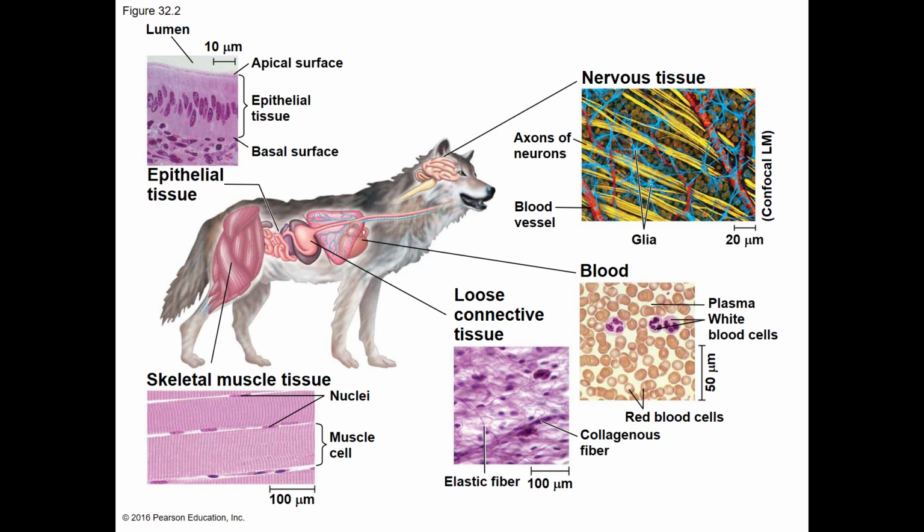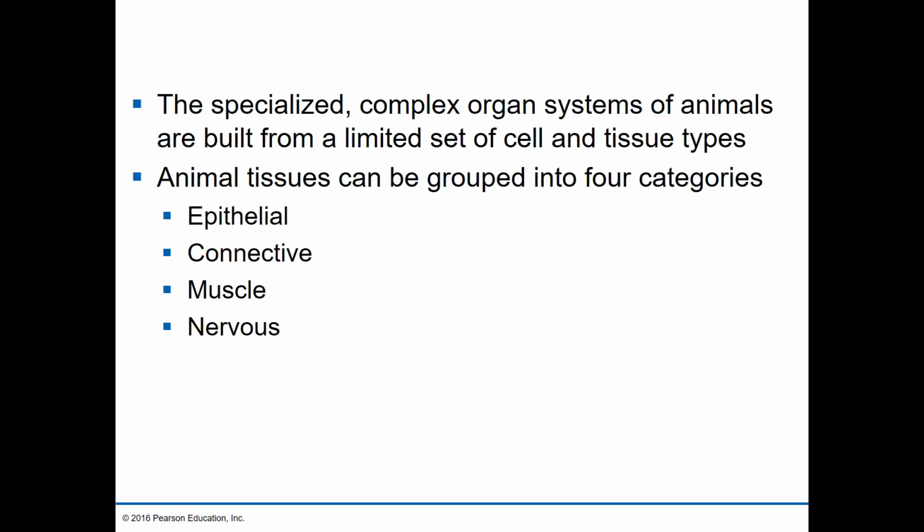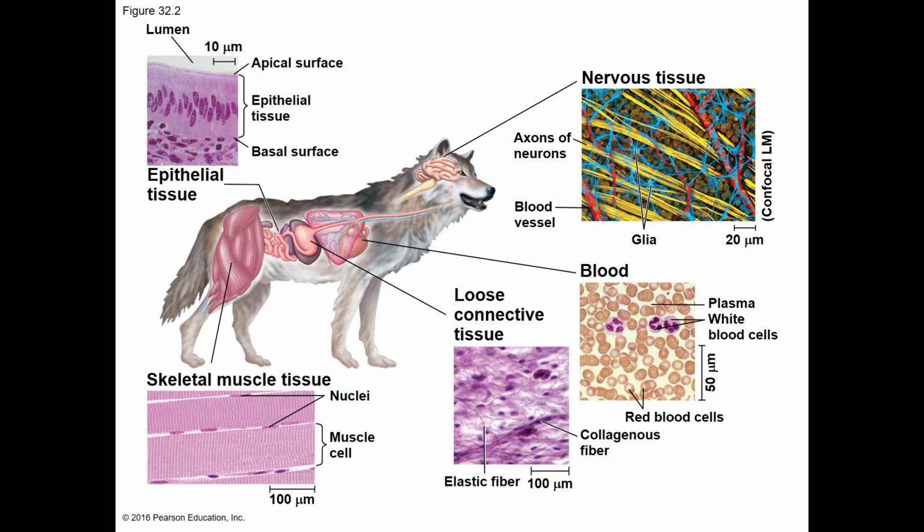part of the digestive system, but it's also going to be the skin, right? And other things. Muscle tissue is a lot easier to understand; in this case, skeletal muscle tissue is the example, and it's showing, of course, the muscle of the animal.